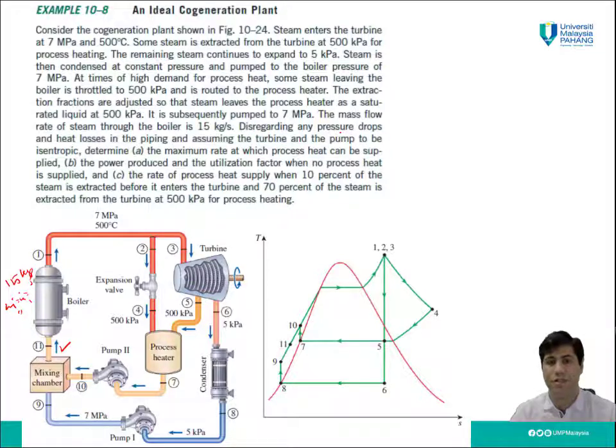Disregarding any pressure drops and heat losses in the pipeline, and assuming the turbine and the pump to be isentropic. So here we have this assumption. We should also mention that when we solve the problem: we don't have any heat loss in the cycle, and in the pump and turbine we have isentropic processes.